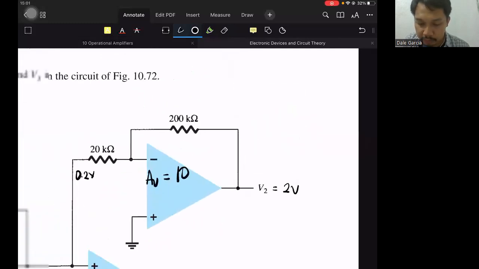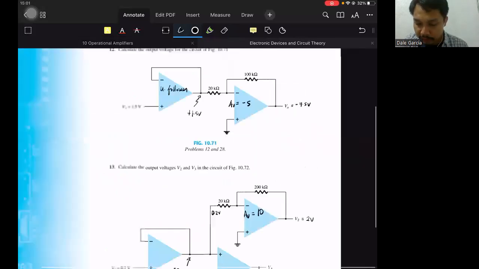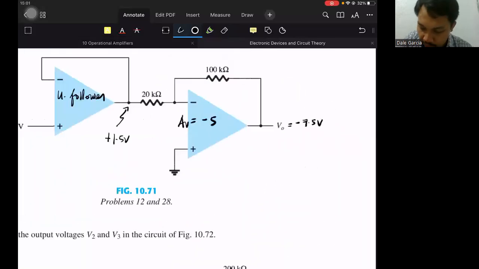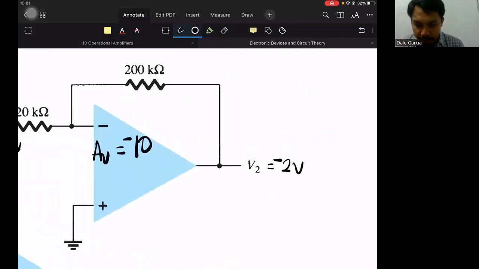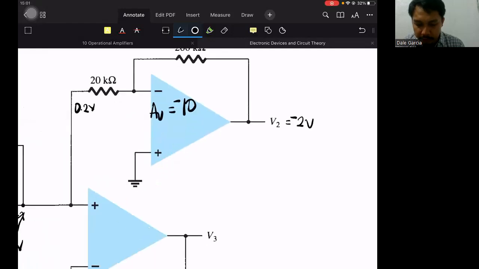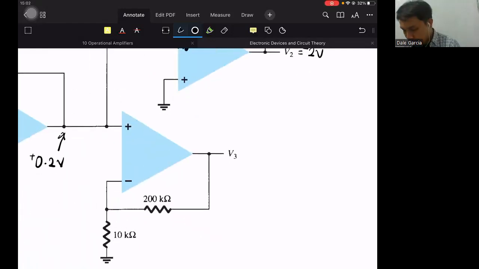Here the sign is negative, so -10, and the output is -2. Below, 200 divided by 10 plus 1, so the gain is 21. We multiply 21 by 0.2, which is 4.2. So the output here is positive 4.2.